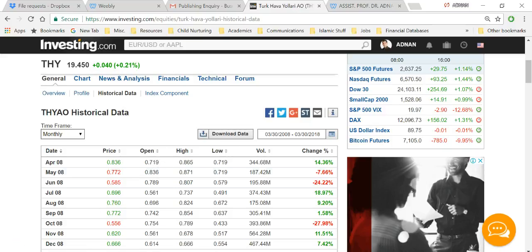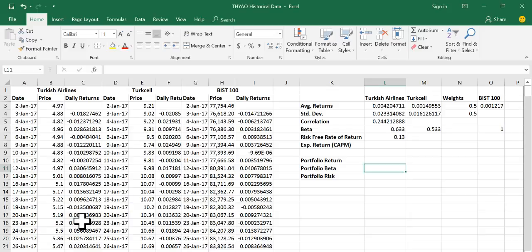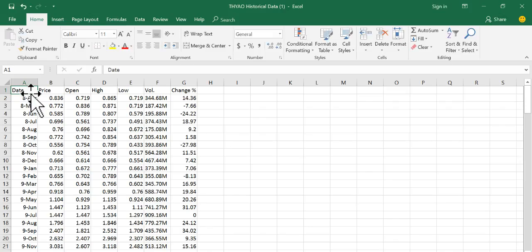As you press this button, it will start downloading. So open this file, and yes, now you're going to select the first two columns here, the date and price column. There is some other information given about this stock: opening price, high, low, volume traded on this date. This is the percentage change with respect to the previous month actually.